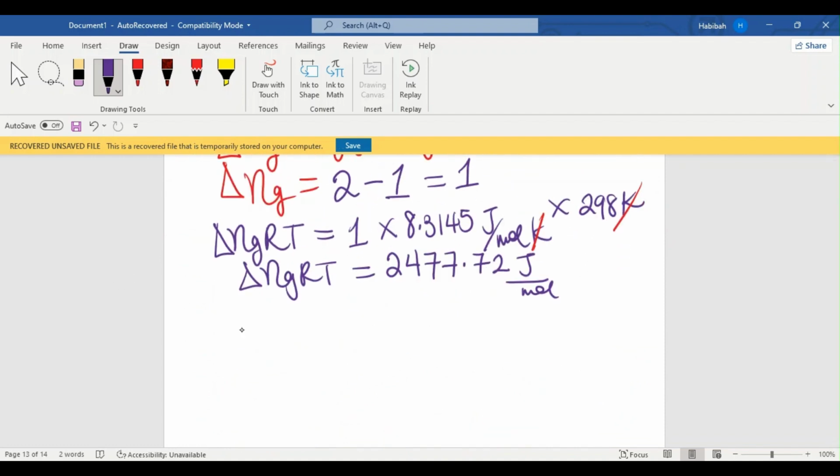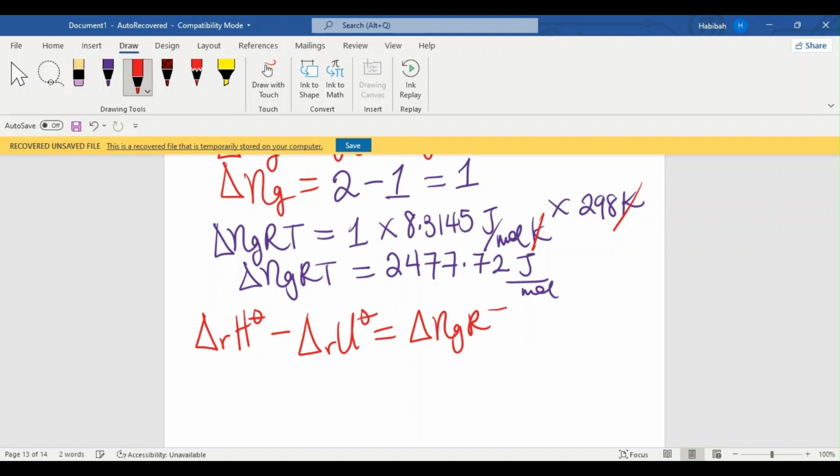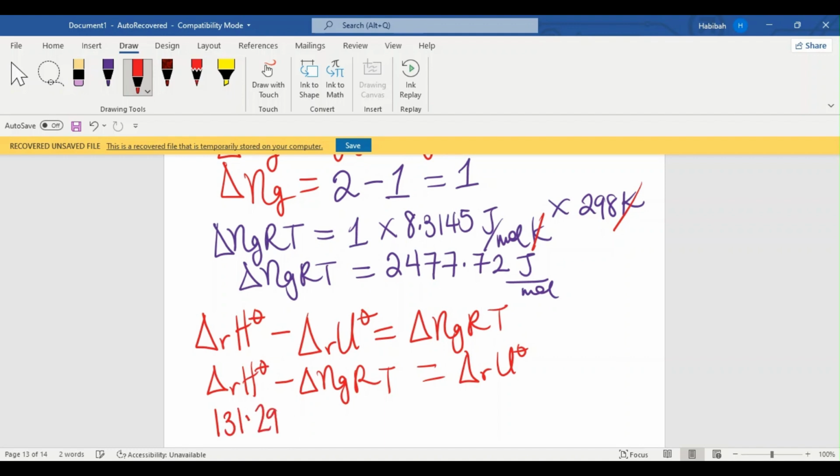So rewriting the formula, having this information, we have change in enthalpy of reaction to be 131.29 kilojoule per mole, and then Δn_g RT.